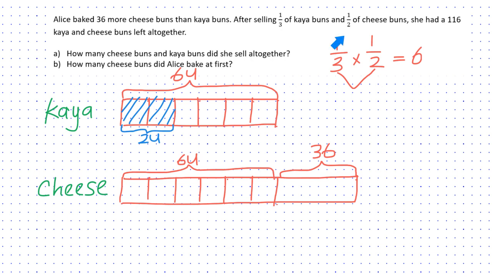So Alice sold half of the cheese buns. When we look at the model here, we see that there are 2 parts, which is the units, 6 units, and the number here, 36. So half of 6 units will be 3 units, and half of 36 will be 18.